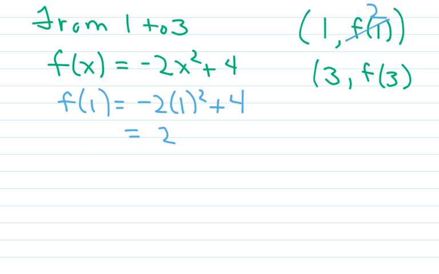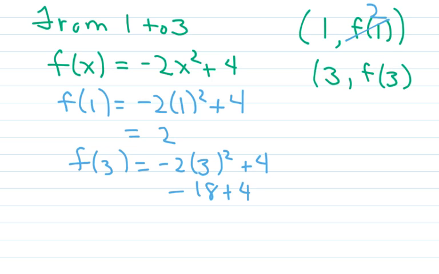And f of 3 equals negative 2 times 3 squared plus 4. It's 9 times negative 2, which is negative 18, plus 4. It's negative 14.